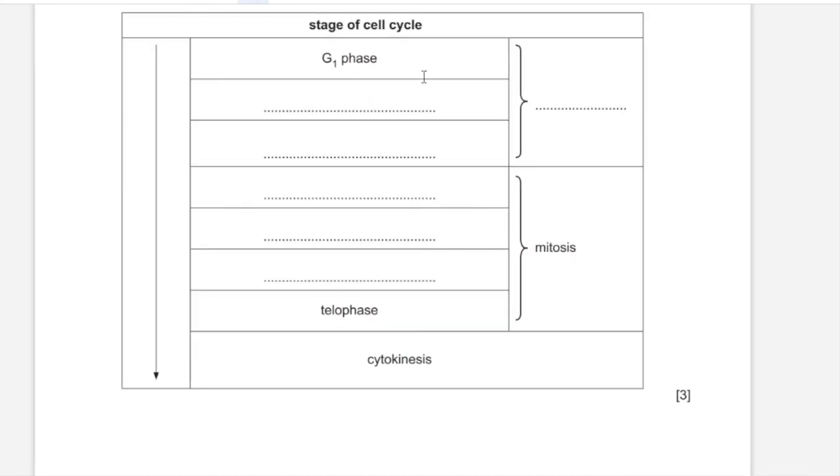You start with the G1 phase, followed by S phase, which is the semi-conservative DNA replication phase, and then a G2 phase. All three of these are part of interphase of the cell cycle, whereas mitosis consists of prophase, metaphase, anaphase, and telophase.